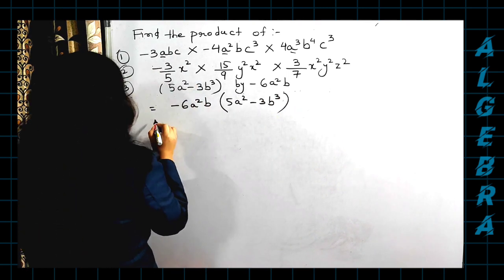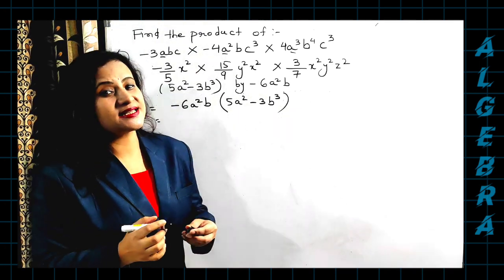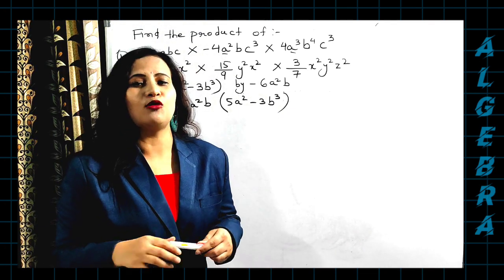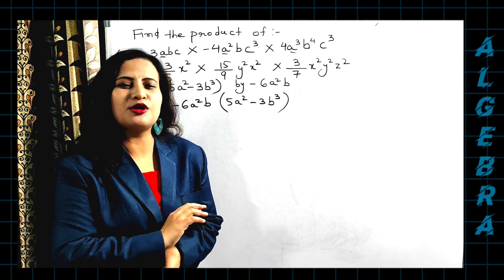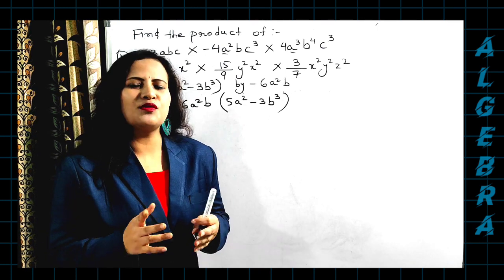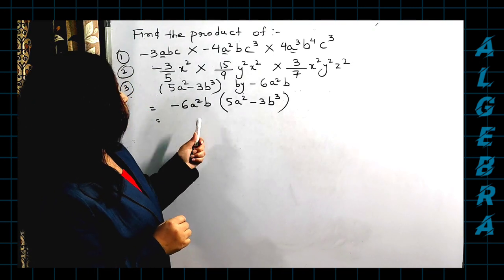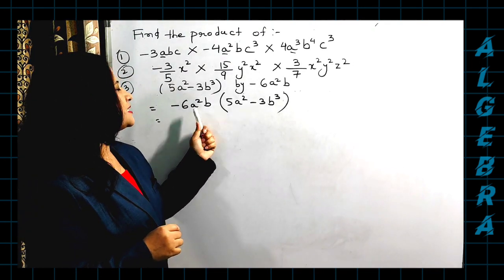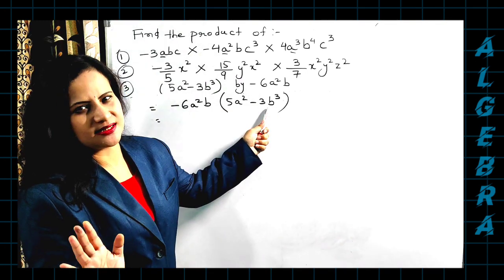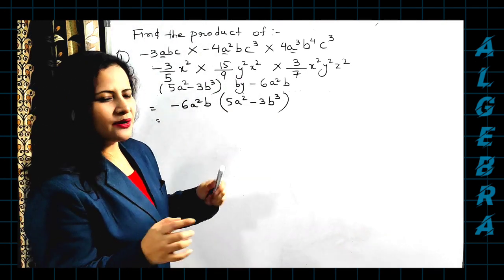Now remember all that you had done in 6th class, the properties of whole numbers, remember or not? The same property we are going to use, the distributive property of multiplication over subtraction. That means this is multiplied to the first term, then the same number is multiplied to the second term. That's it. Okay? Remember or not?